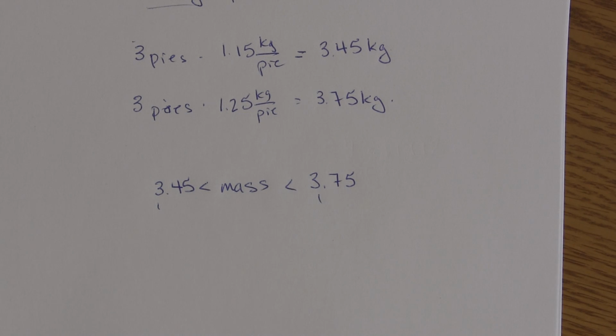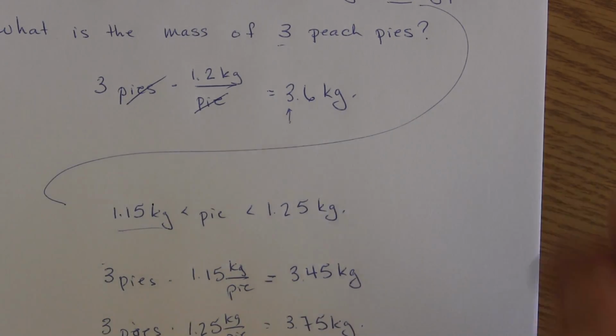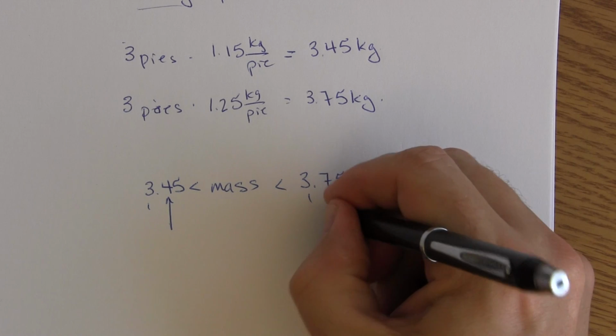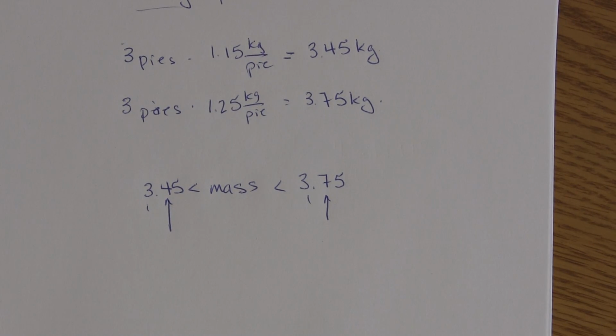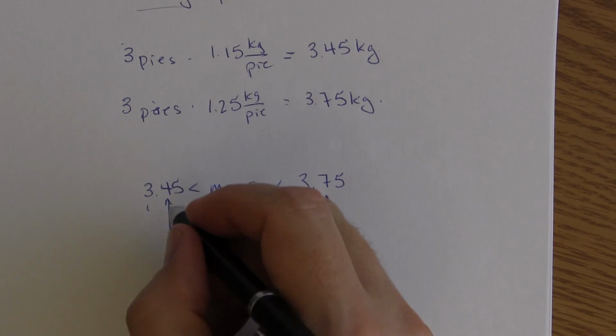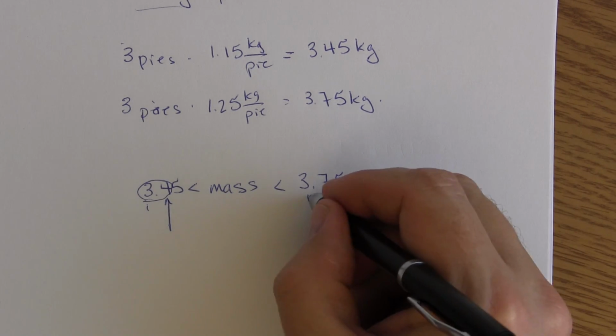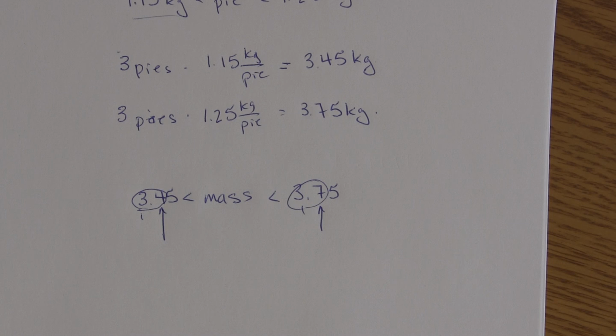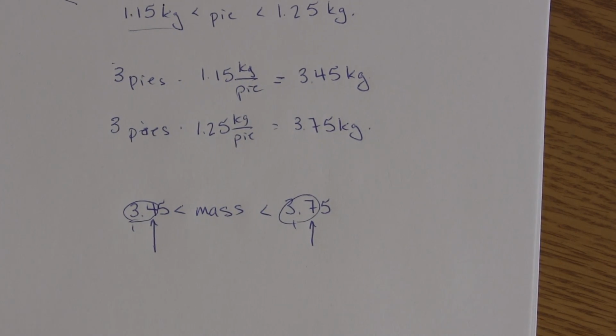My 4 and my 7 lie on either side of the 3.6 I measured here, and so my uncertainty is entirely in this digit. Being a little generous, I say that I have 2 significant figures. That is, both of those values tell me something about my pie.